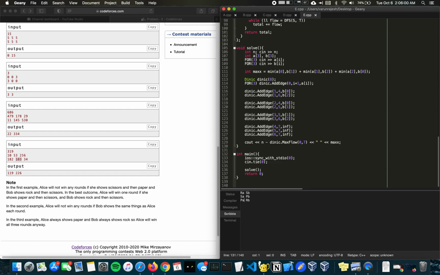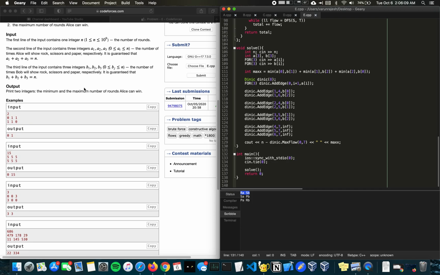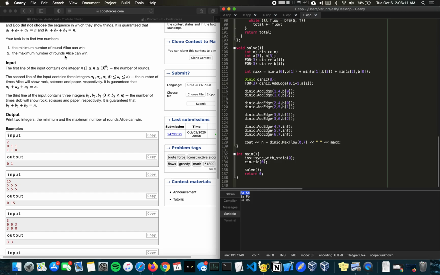So we just find the min of each of these pairs and then we sum them all up, and that's the maximum number of times she can win. So it's very straightforward to find the max number of rounds.